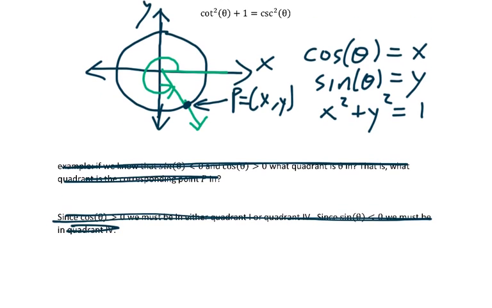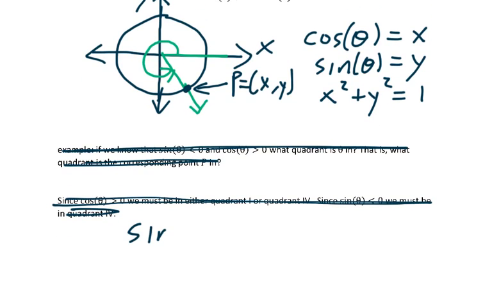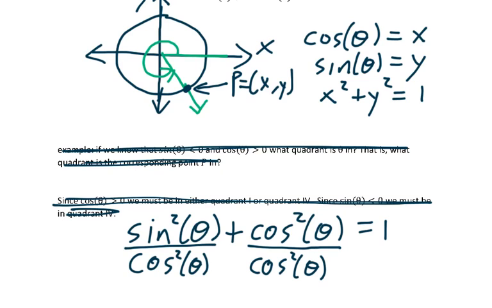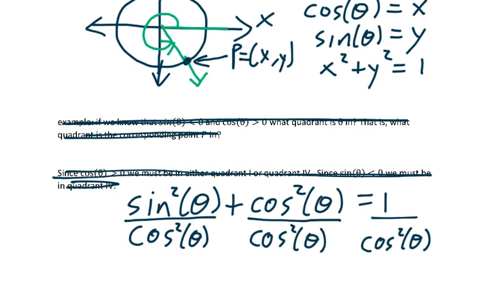Now, how do you get the other ones? Well, if you take sine squared of theta plus cosine squared of theta, and divide everything by cosine squared of theta, you might be thinking, how does that help us?